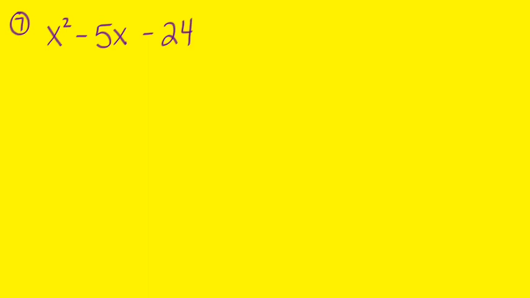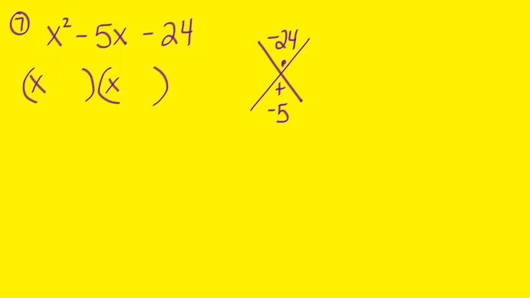So our last case scenario, what if I have a negative 24, that something multiplies to be a negative 24 and then adds to be a negative 5? Well, not unlike the first one that multiplies to be negative, we know that one of the factors has to be positive and the other negative, because that would multiply to be a negative digit.